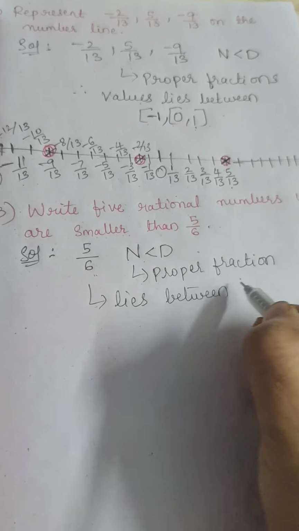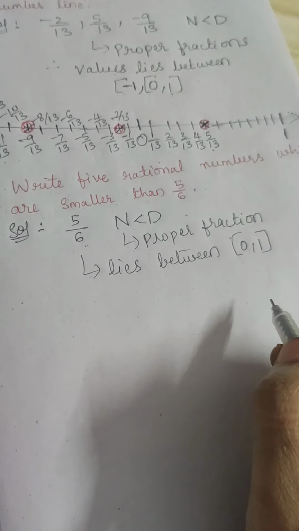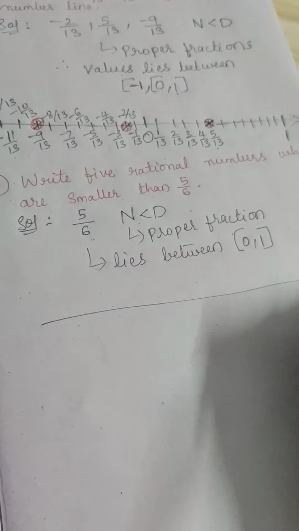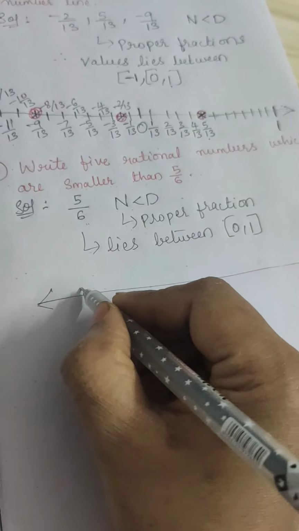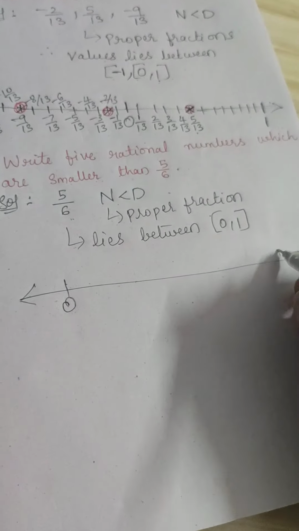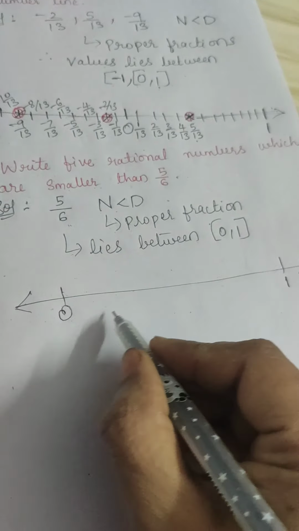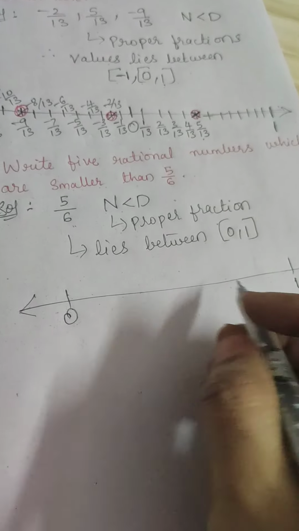0 and 1. Okay, now I am drawing a number line. Zero and 1 will be here. Denominator is 6. So divide this unit distance into how many parts? 6 parts.